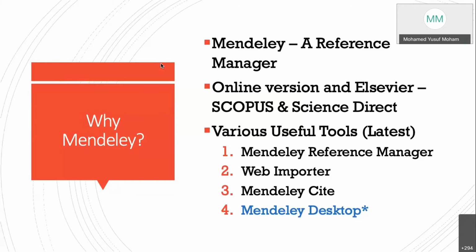In addition, there is another tool called Web Importer, which you can add into your Google Chrome, so later you can import whatever from the web to the Mendeley Reference Manager.